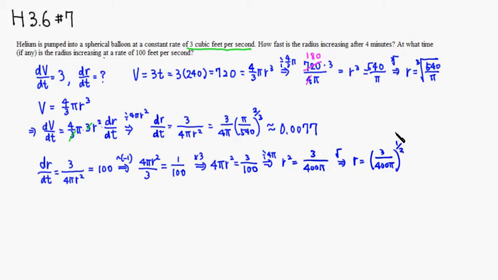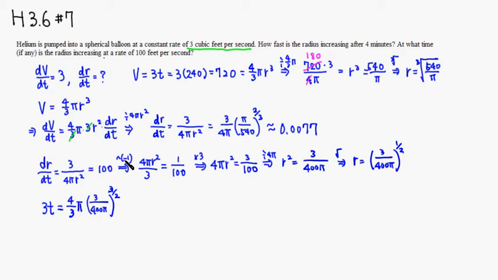The volume is 3t, and the formula is 4/3 pi r cubed, and r we just found to be 3 over 400 pi to the 1/2 power. But you have to cube that, so it's the 3/2 power.